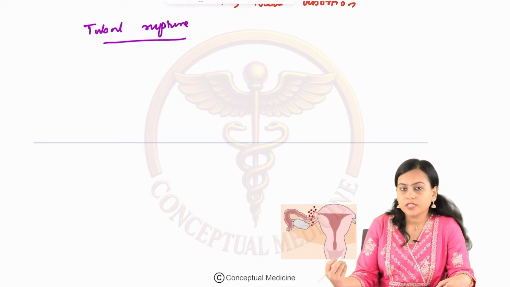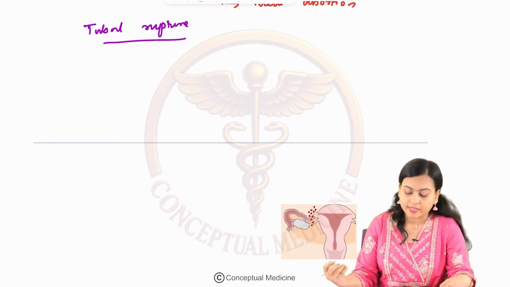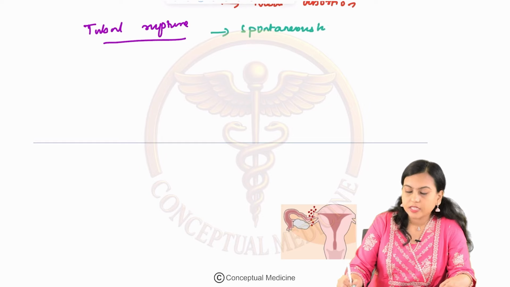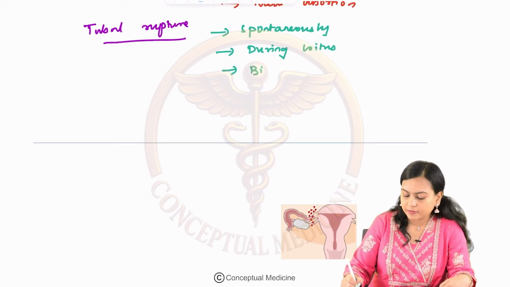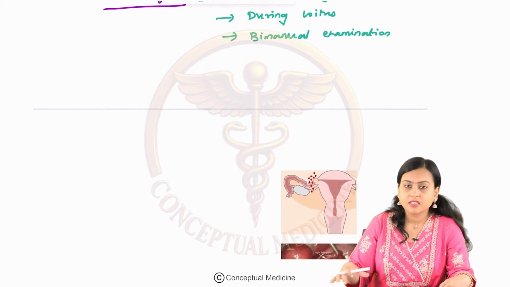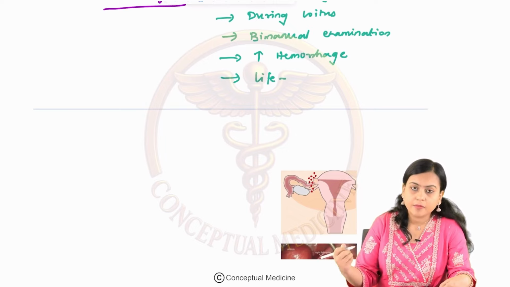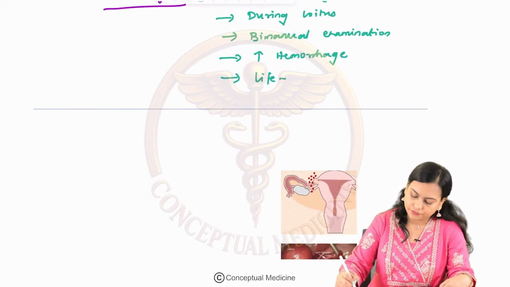Most of the time the tubal rupture can happen spontaneously, or it can also happen during coitus or if a bimanual examination is done. In tubal rupture, there will be an increased amount of hemorrhage inside the abdominal cavity, and sometimes it can end up as a life-threatening situation.